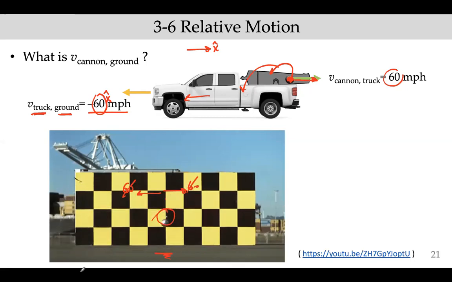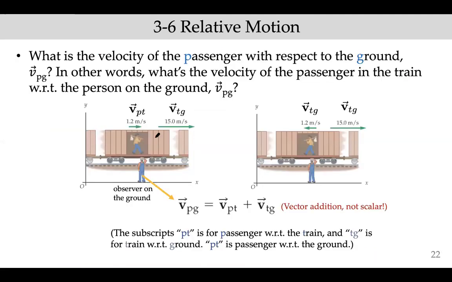Okay, let's see how that works with the formulas. Let's say there's a train here, and there is an observer on the ground. There's this passenger here. The passenger is walking with 1.2 meters per second speed with respect to the train.